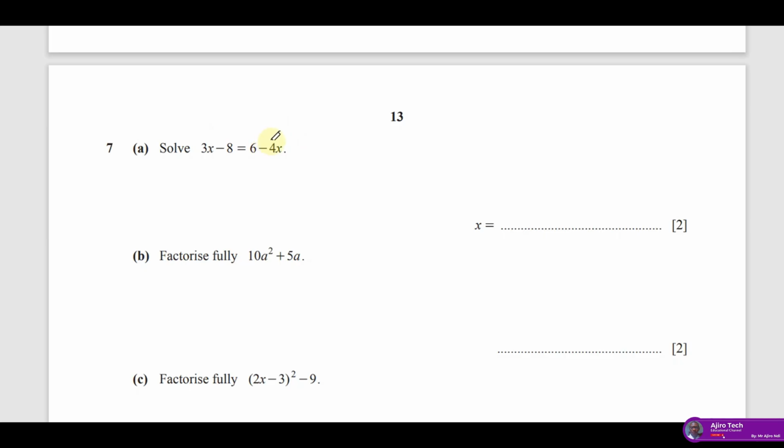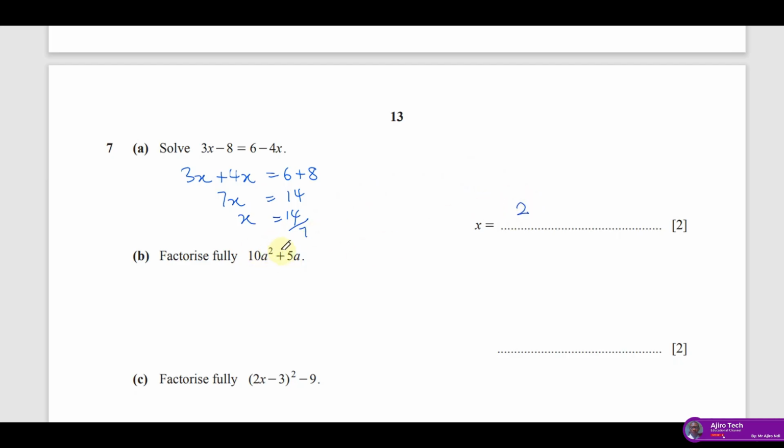Let the negative one move across to become positive. 3x, 4x comes here, becomes positive. 6 is on the right, 8 comes across, becomes positive. Add up, 7x is 14. x will be 14 divided by 7, which is 2.